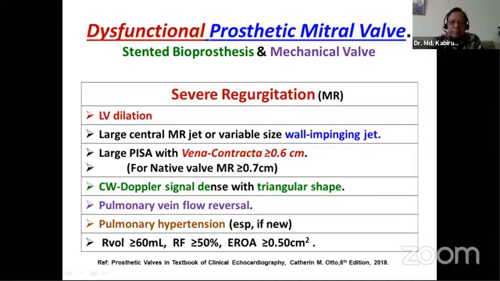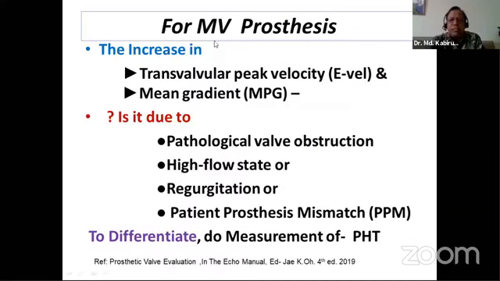Other things are similar. Now for a prosthetic mitral valve, if you get an increased peak velocity and mean gradient, again you have to find the differential diagnosis. You have to think of genuine pathological valve obstruction, high flow state, regurgitation, and patient prosthesis mismatch.